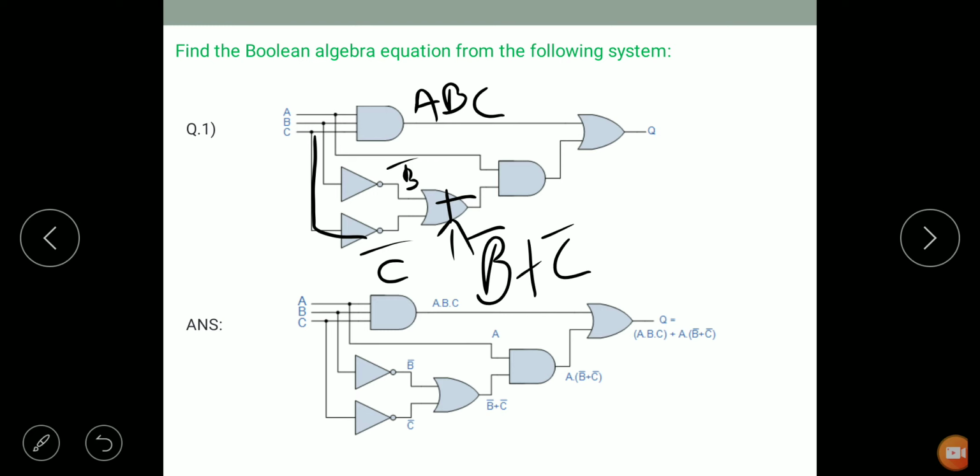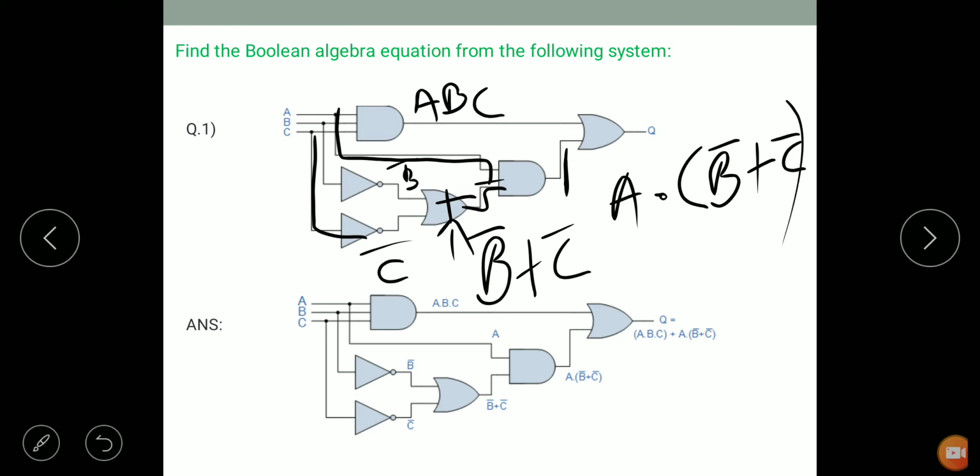Okay, then B bar plus C bar becomes the input for this AND gate, and the second input is nothing but A. So what is the output at that point? A, and it shows the AND operation, so dot, and the remaining input, the second input, is this B bar plus C bar.